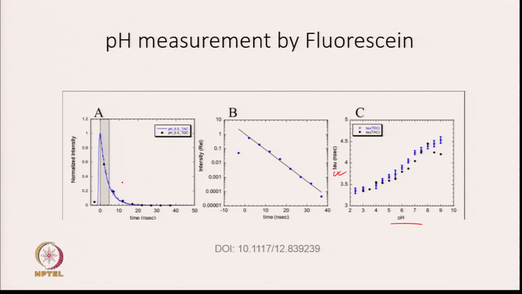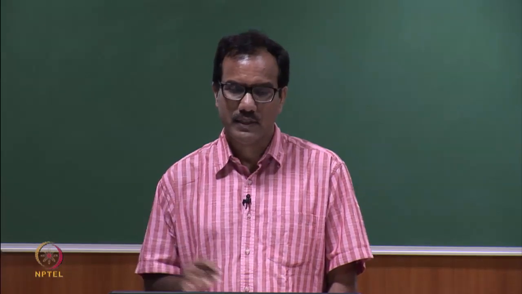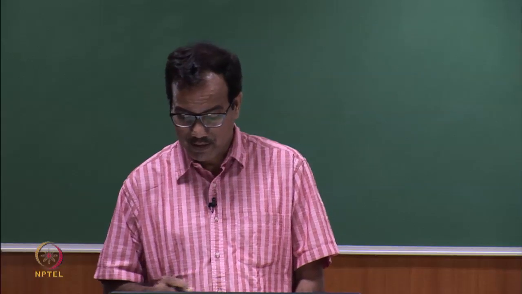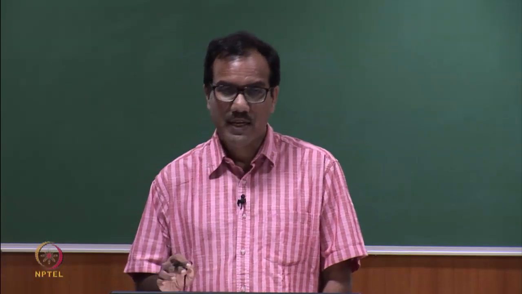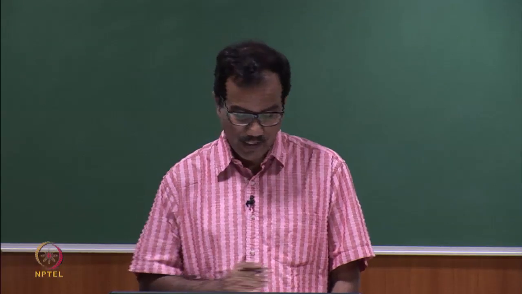So, what we did here, simply we are exciting fluorescein and looking at the decay, and from the decay you get the tau, which is in nanosecond, and now you are plotting at various pH. What has been seen is that pH can be sensed by fluorescein if we make lifetime measurement, and the lifetime of this fluorophore is going to be different at different pH.